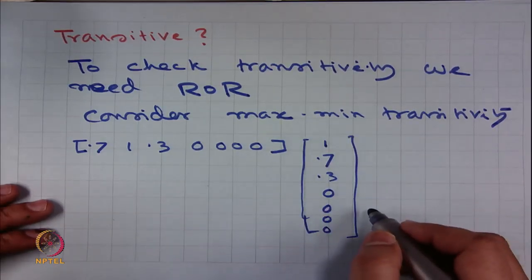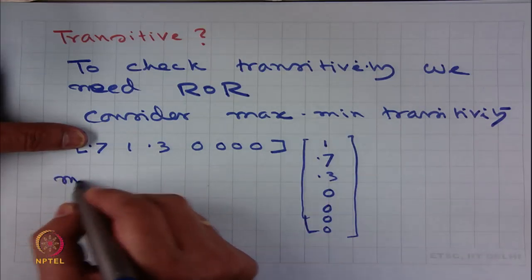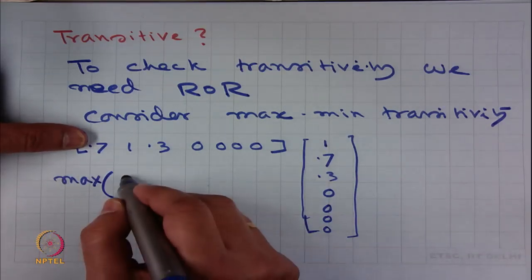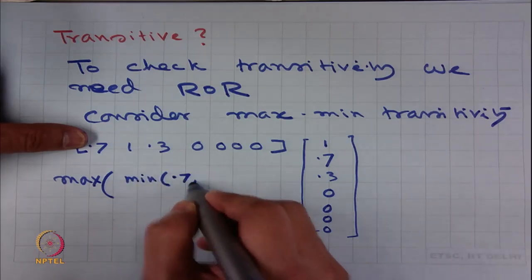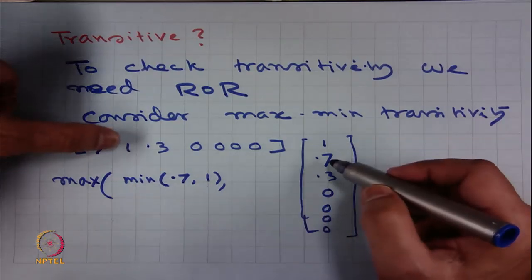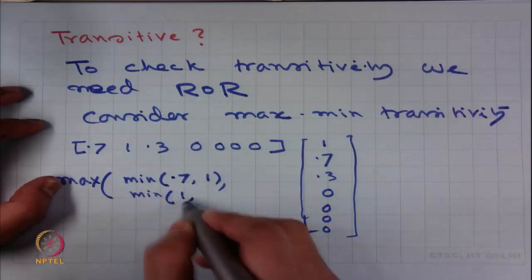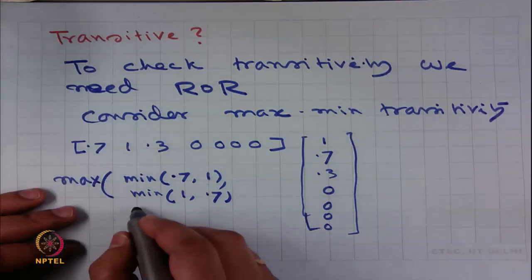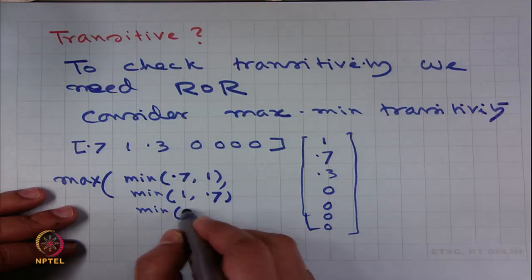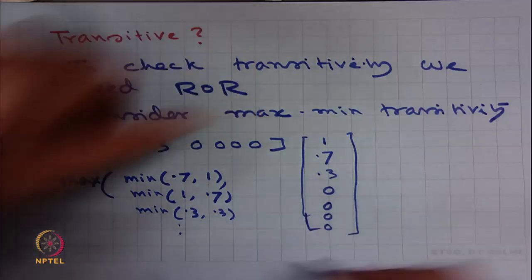What is the max-min? 0.7 and 1 will give us 0.7. So, we are looking at the maximum of the minimum of 0.7 and 1, comma, 1 and 0.7, minimum of 1 and 0.7, then 0.3 and 0.3, minimum of 0.3 and 0.3, and the rest are all zeros.